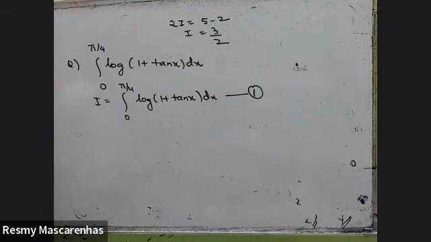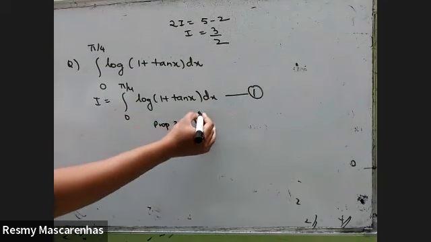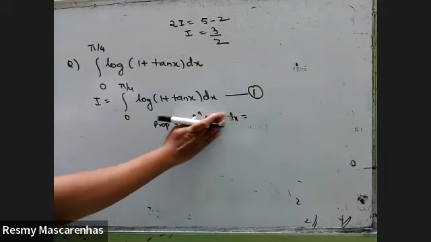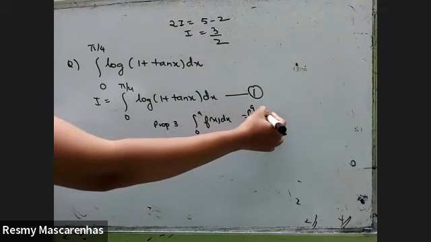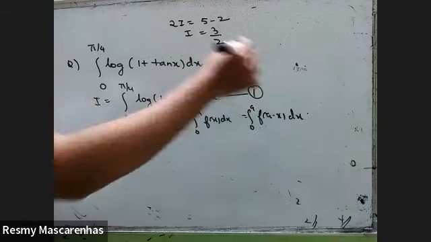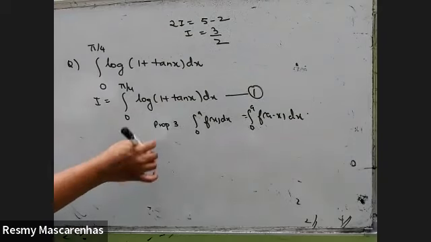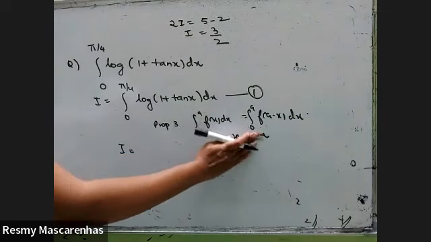So I'll have to use property number 3. So x can be replaced by a minus x.